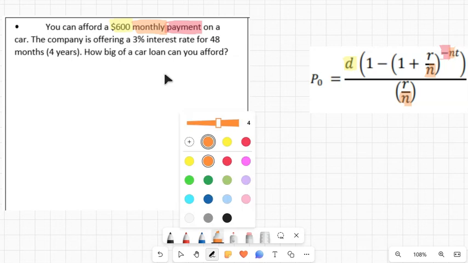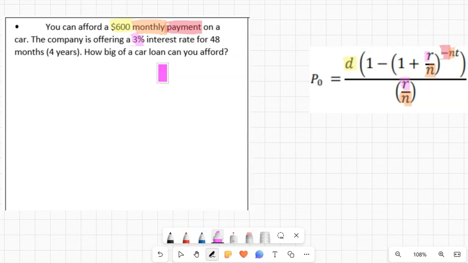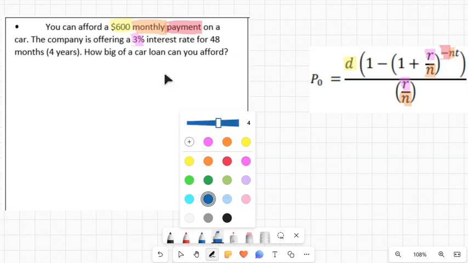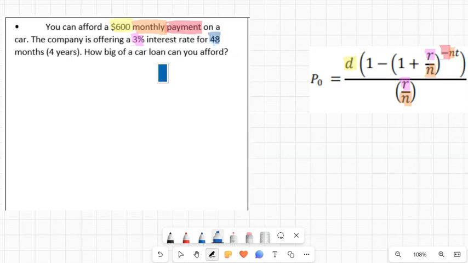And then we also have 3%. That's going to go in R, but not exactly. We have to divide by 100. And finally, we have this 48.